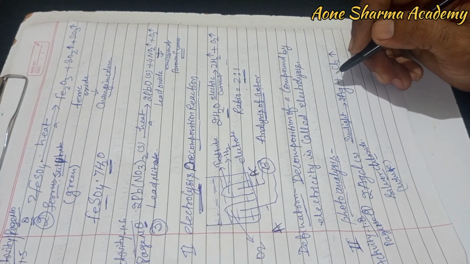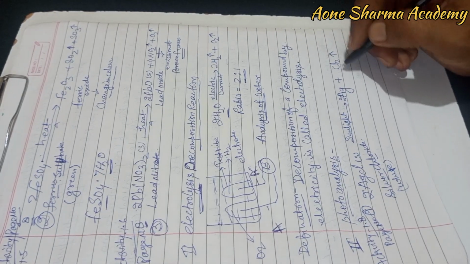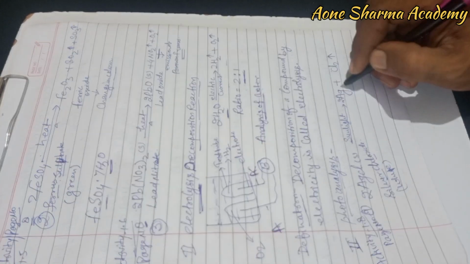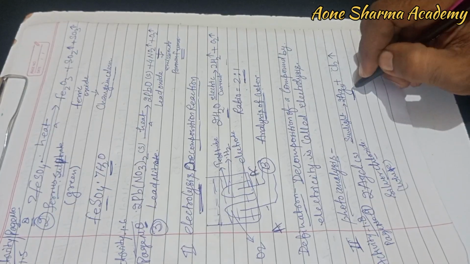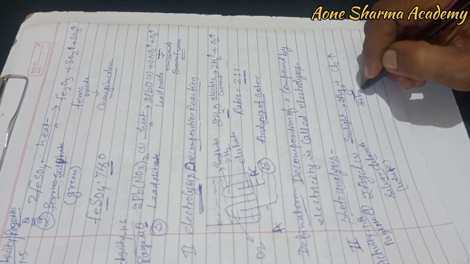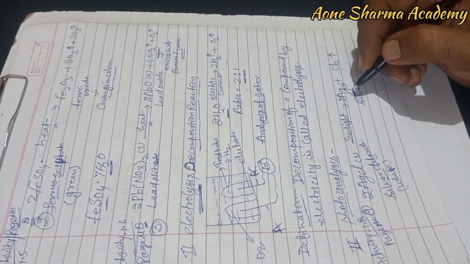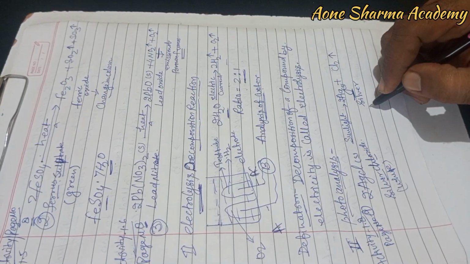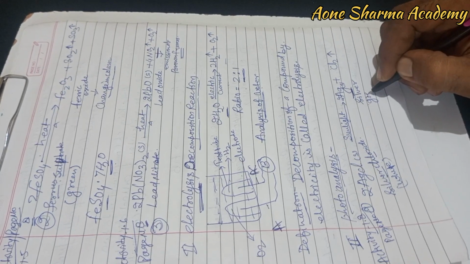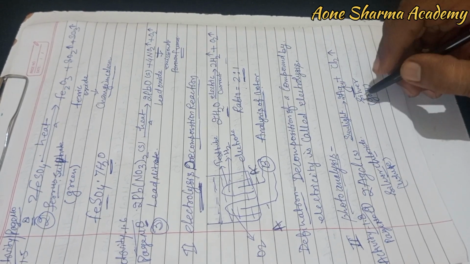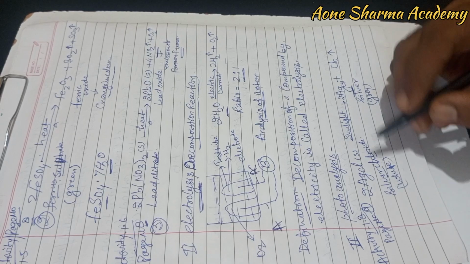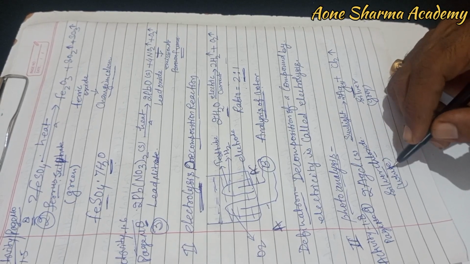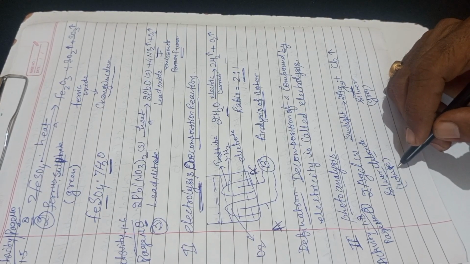Silver metal is in solid form, and its color is gray. Here we observe silver chloride, which is a white powder.